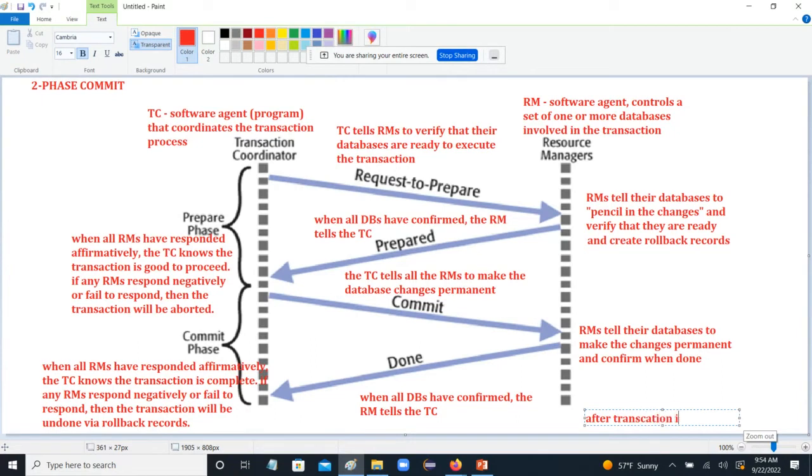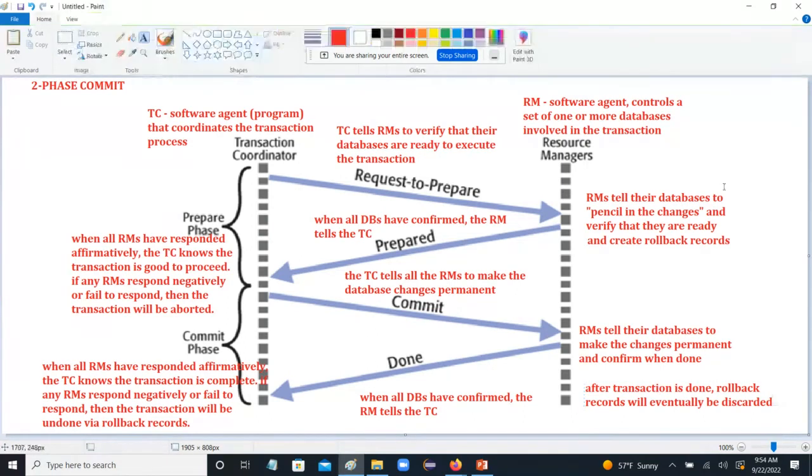After transaction is done, rollback records will eventually be discarded. Okay, because if the transaction is done, you don't need to hang on to those things forever, right? That would be like hanging on to your tax paperwork for like 40 years. You're just not going to need it that long. Okay? All right, so this is two-phase commit.